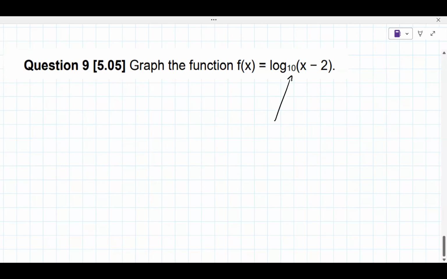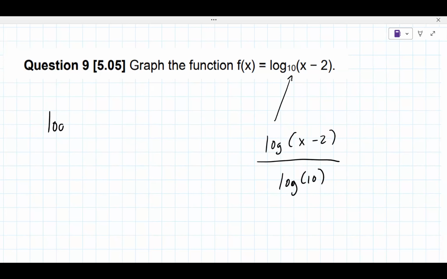You either find that, I think it's under math, or you have to use the change of base formula: log x minus 2 over log 10. But that's kind of overkill, because when you just type in log in your calculator, it's implied that it's log base 10. Oh, because log equals 10. Yeah. Forgot about that.